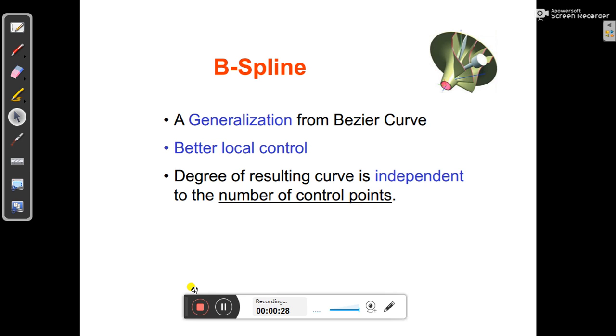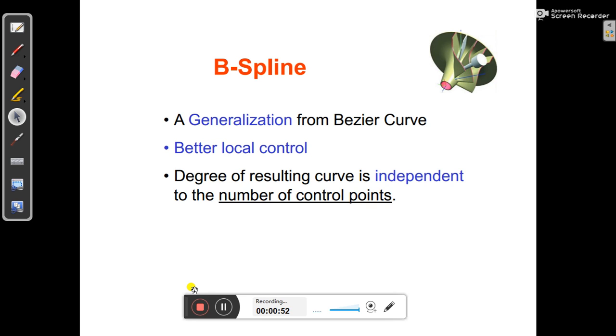Now this is the last video in this line, so that is about B-spline. It's basically a generalization of the Bezier curve, and in the case of the Bezier curve there are also local control points through which we can control the curve.